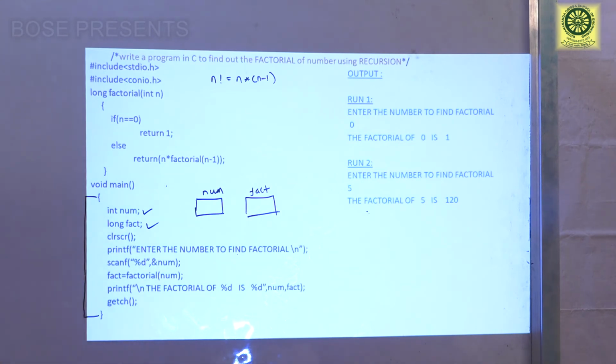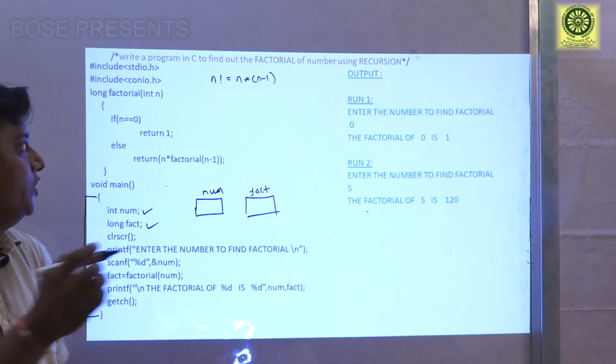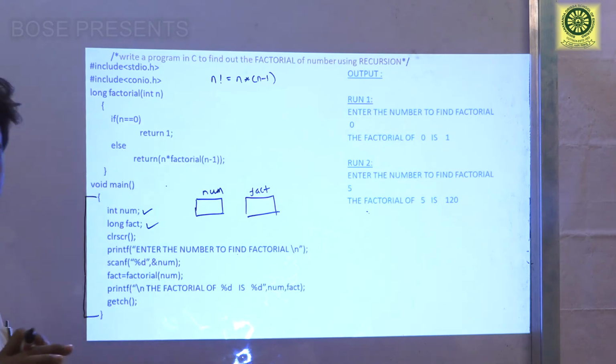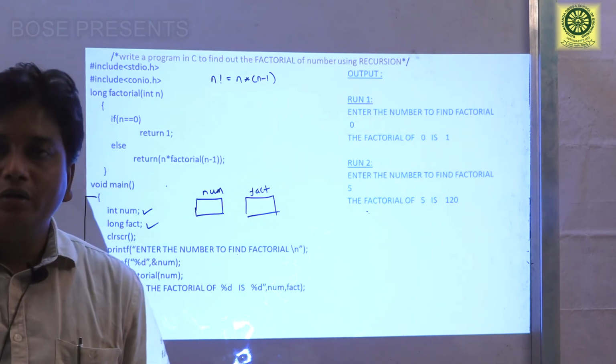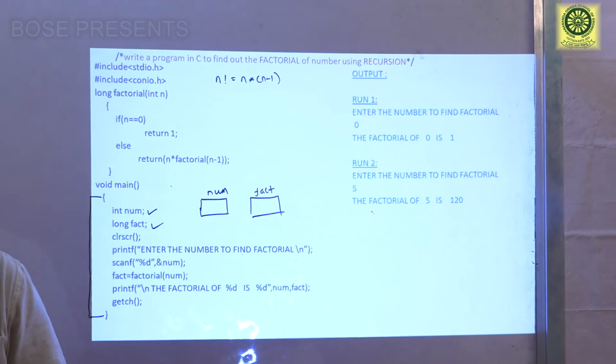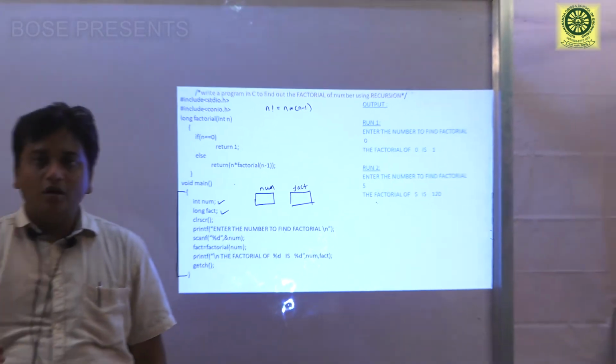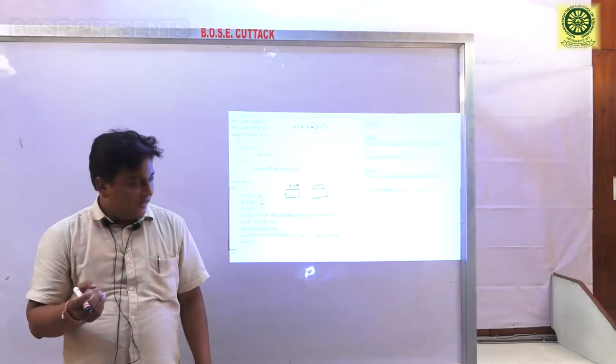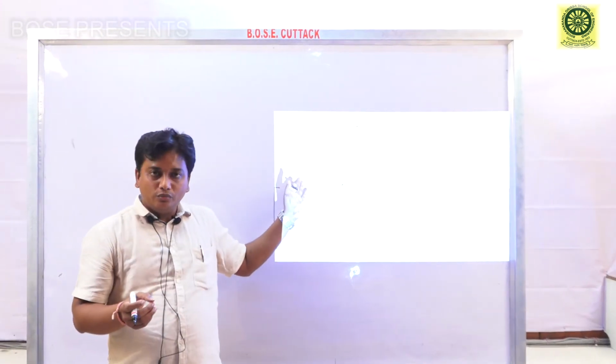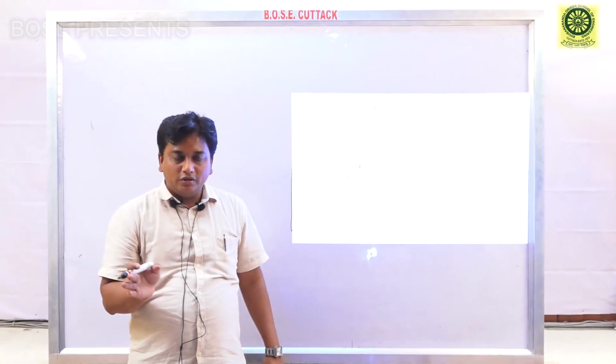One more thing I would like to say: the factorial of a number can be calculated, but we know that factorial of 0 is 1. Also, while we write the program, we have to consider this factor.